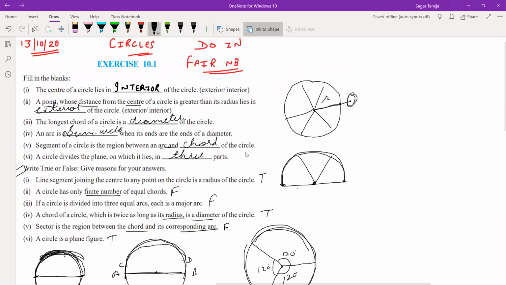So this is done. So the first exercise is done. Now, before starting exercise 10.2, we have to go through some of the theorems. After proving the theorems, we can do exercise 10.2. So before that, we have to start with the theorems.